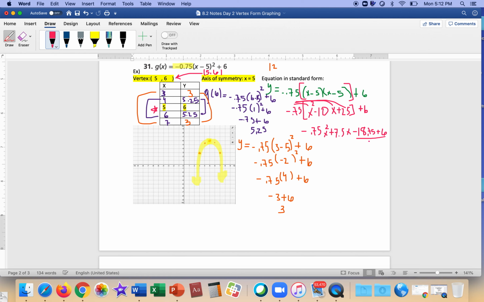Okay, so then at the end we combine our like terms. So negative 18.75 plus 6, we end up with negative 12.75. All the other terms come down.